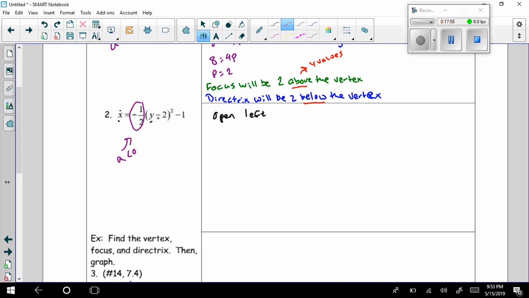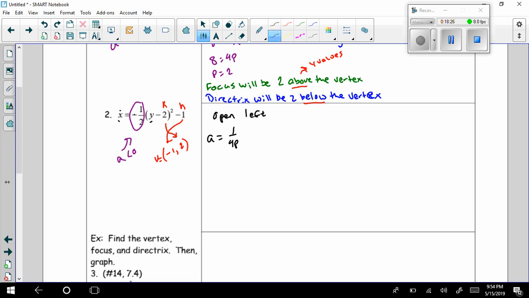Because of that, this is your k, and this is your h. So keep that in mind. Your vertex is at negative 1, 2. Where that goes there, and that goes there. A is equal to 1 over 4p. We do want to start with that.